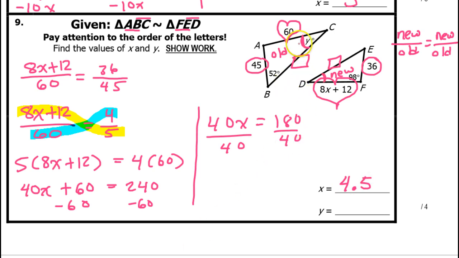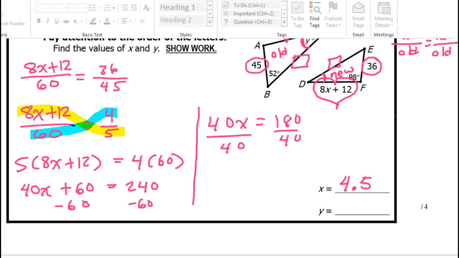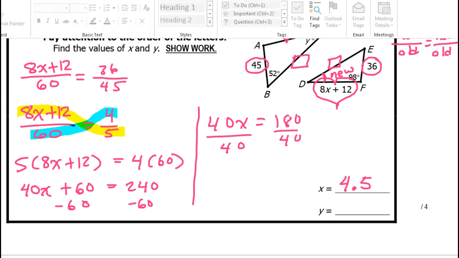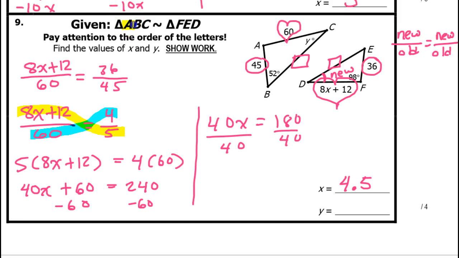So now it's time to find angle Y. We would be able to find angle Y easily if we had angle A. If we had angle A, we could just subtract from 180. So let's find what angle A is. Now, using the similarity statement, notice that angle A corresponds with angle F. So those should be the same. So angle F is 98 degrees.